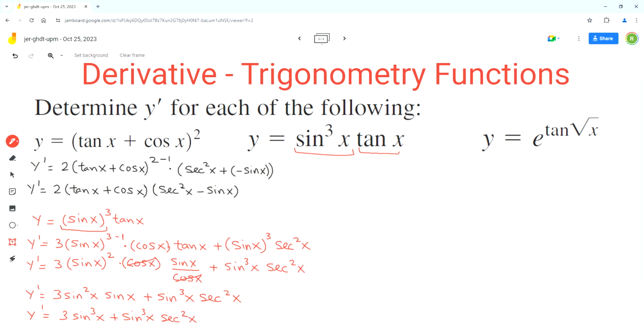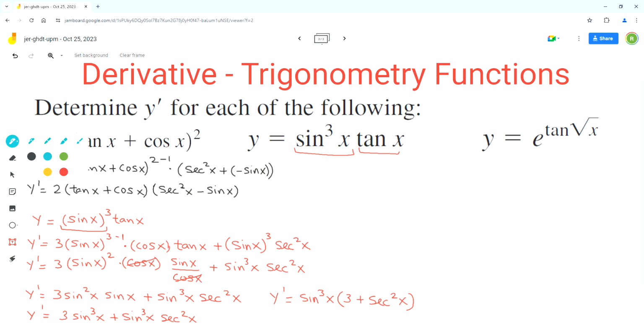Now we can factor out sine cube x from both terms, so we are left with 3 plus secant square x. This should be the final answer for the derivative of the second y equation.